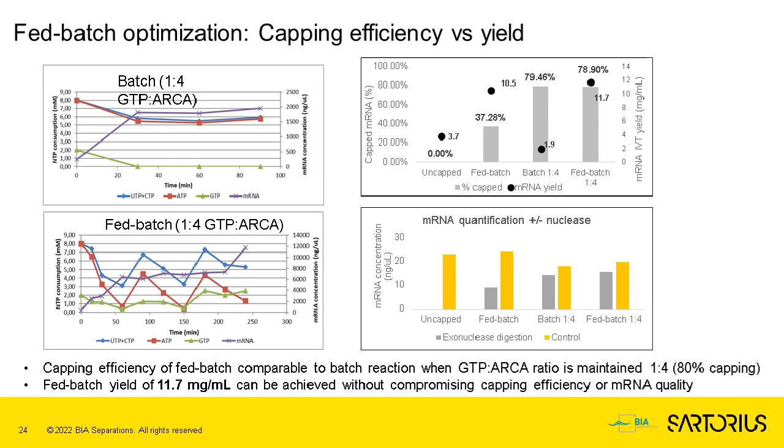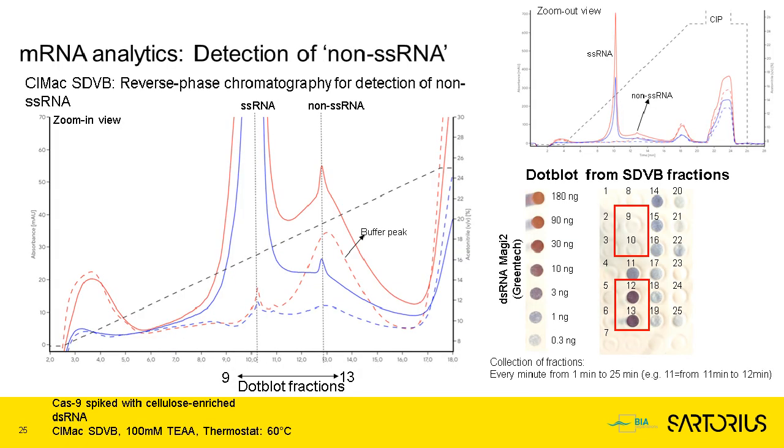So allow me in the remaining few minutes just to fly through what we can then do with the mRNA that is thus produced. One of the most burning questions in the field is, what about double-stranded RNA that we also produce? And I alluded earlier to one of the analytical and preparative tools. This is reverse phase chromatography.